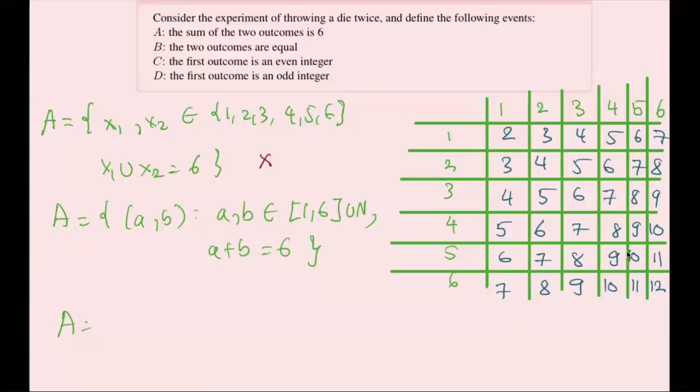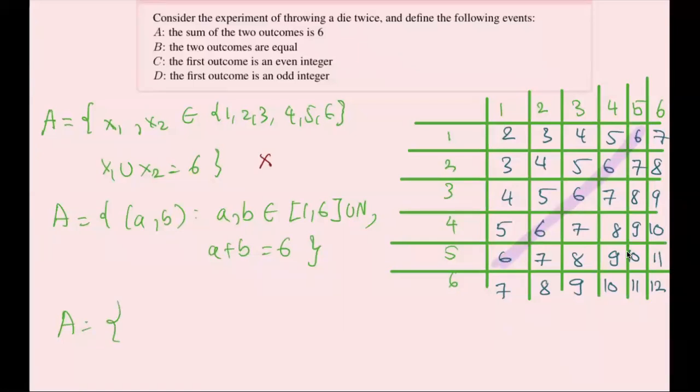But if the question involves the product of the two outcomes, you can also write out the product of the two outcomes. Okay. And I'm interested in the sum of two outcomes being 6, which means I'm interested in this part, right? Everything in this diagonal has the sum equal to 6.